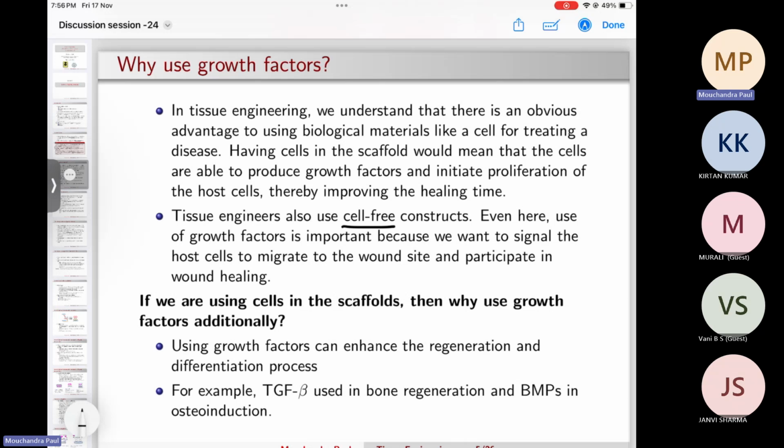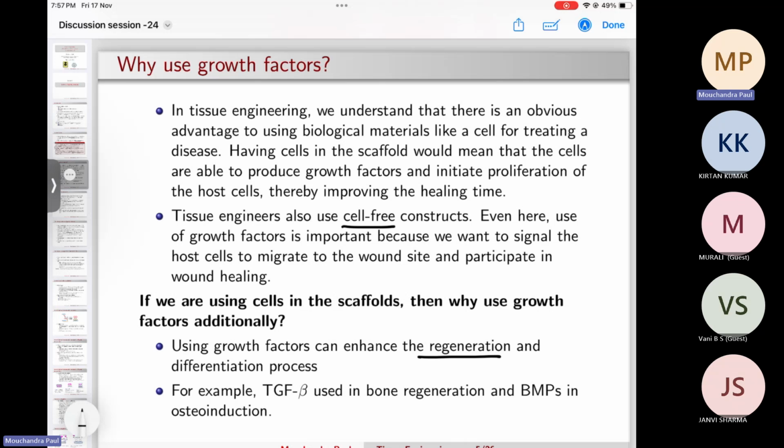Now, another question becomes obvious: people are also using growth factors along with cells in the scaffold, incorporating all three triads of tissue engineering. Why? Say you are making a tissue engineering scaffold for the purpose of regeneration of tissue.